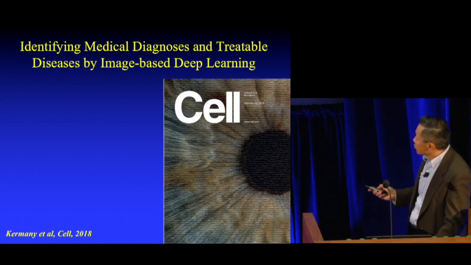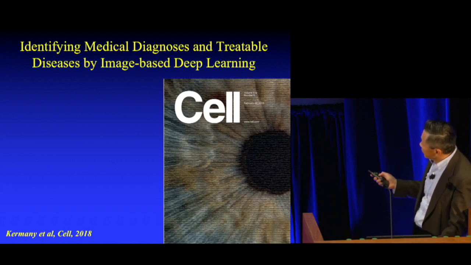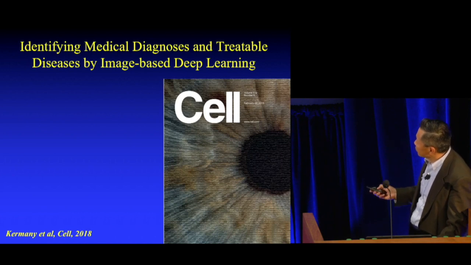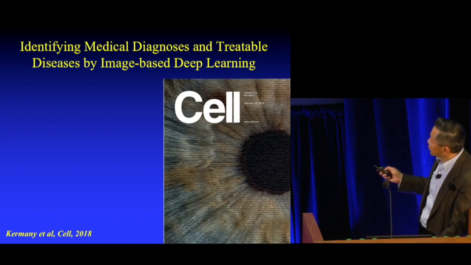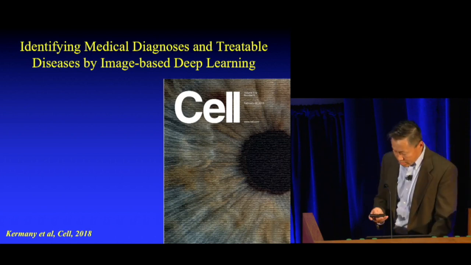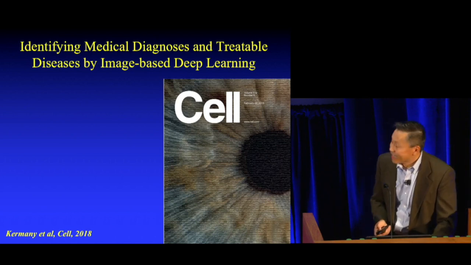Here is one of the papers we published early on. The reason I want to show you this is that we used AI on this cell cover image, which contains 40,000 optical coherence tomography images. If you look carefully, those are small images from them.